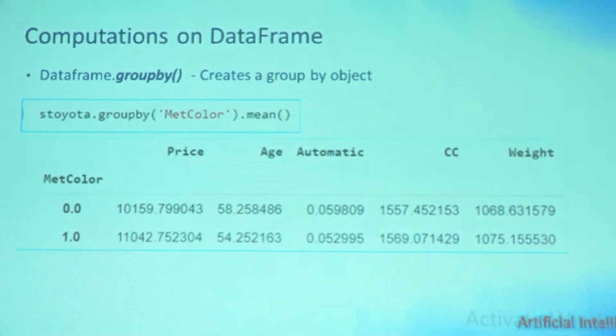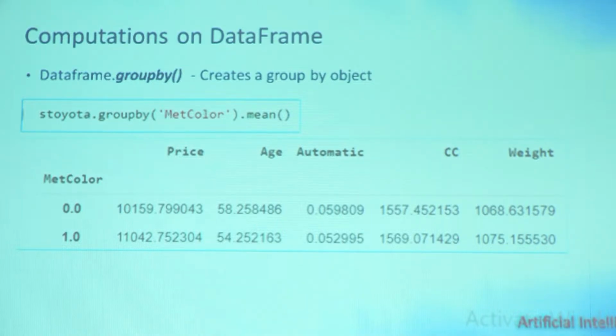You can see what is happening now when I just did that. I am now comparing the MetColor attribute or feature of my data frame with the other attributes with respect to the mean value. Are you understanding?